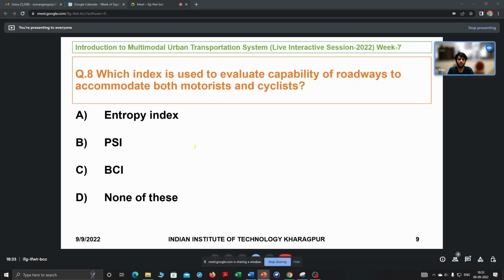So you can imagine the situation where suppose only vehicles are plying on the roads, but you want to evaluate whether you can develop pedestrian facility. You want to provide pedestrian infrastructure on the existing facility.